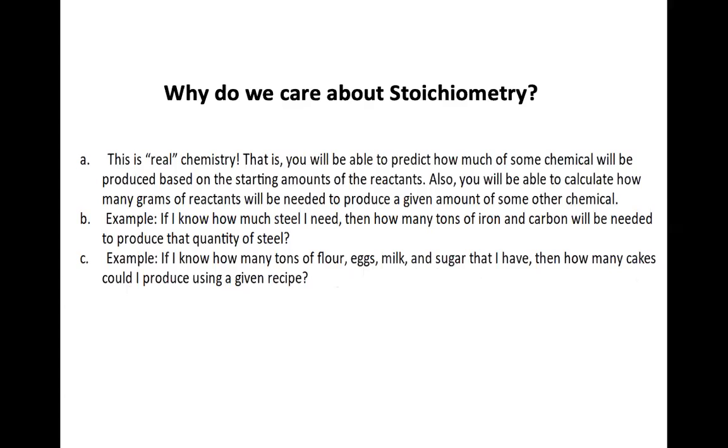In that case, if you know the recipe of the cake, then you can calculate how much flour, egg, milk, and sugar is needed to produce how much cake. So if flour is too much and egg is less, then you cannot make the optimum amount of cake. Flour will remain unused or like that.